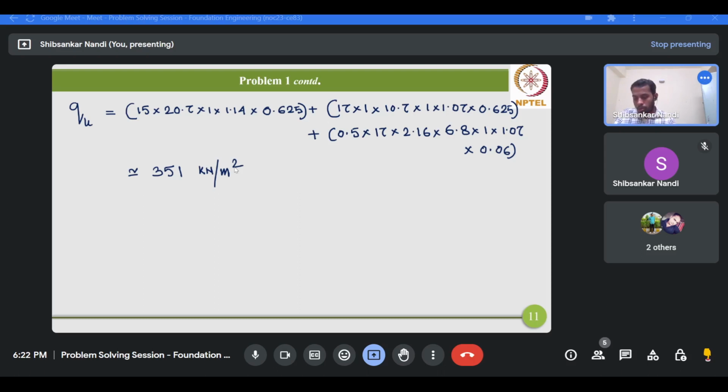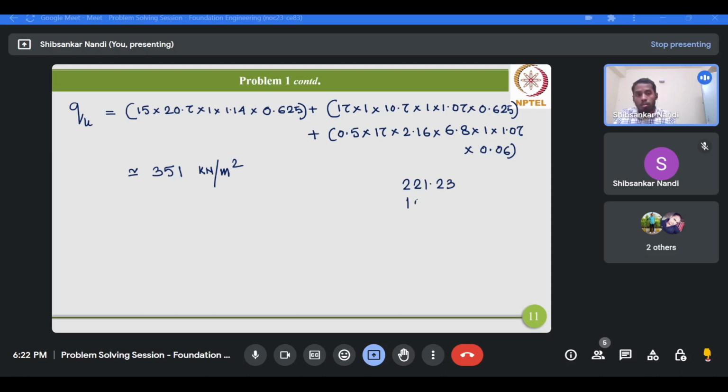Okay, so 15 into 20.7 into 1.14 into 0.625. So this value is your 221.23 and 17 into 10.7 into 1.07 into 0.625.